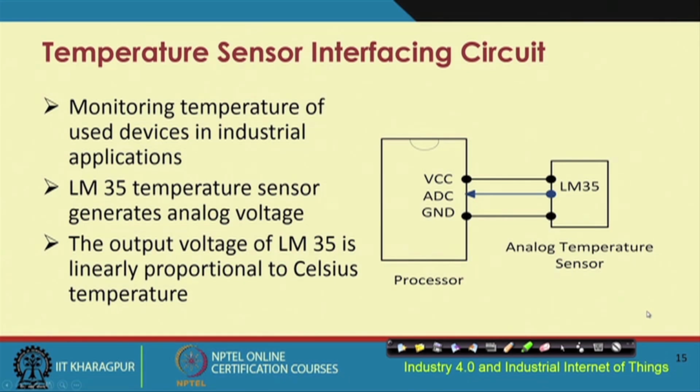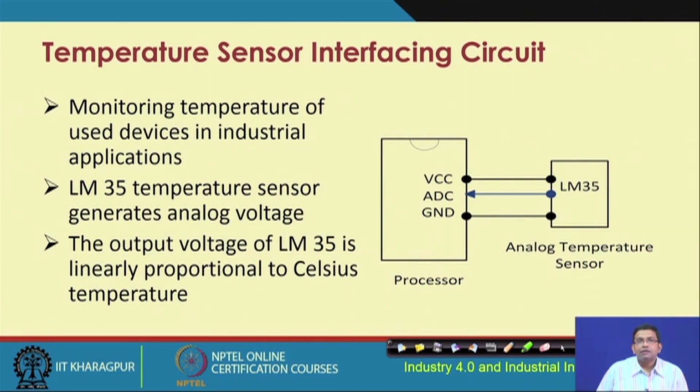So, let us look at each of these sensors one by one. We will start with the temperature sensor. There are many different types of sensors that are used in the industries, and temperature sensors are the common ones.